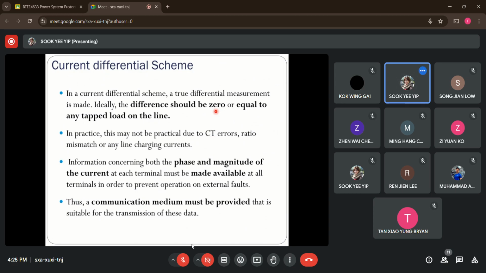The information relating to the phase angles as well as the magnitudes of the currents at each terminal of the line must be made available so that we can prevent maloperations in the event of an external fault. So in such a case, if we are using the current differential protection scheme, a communication channel must be provided so that it will not maloperate.